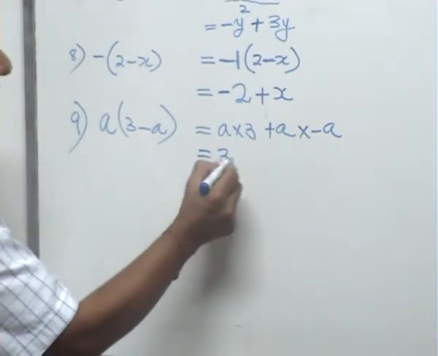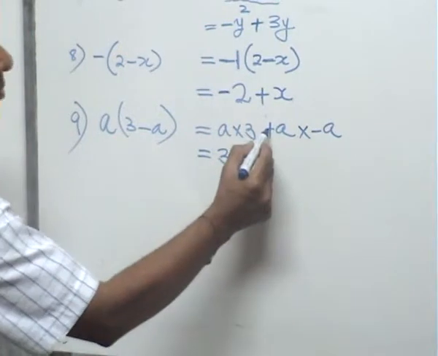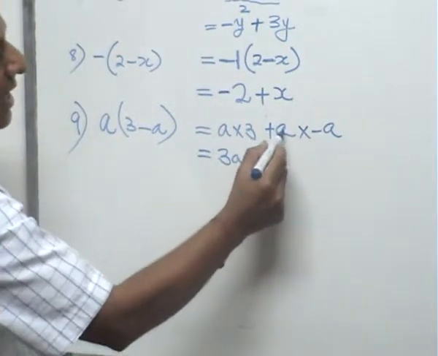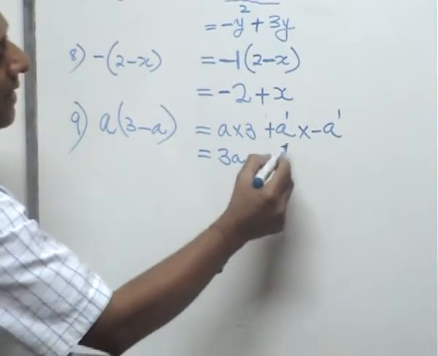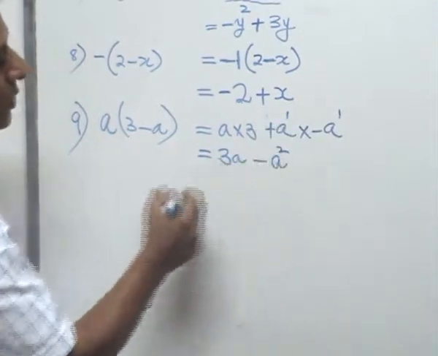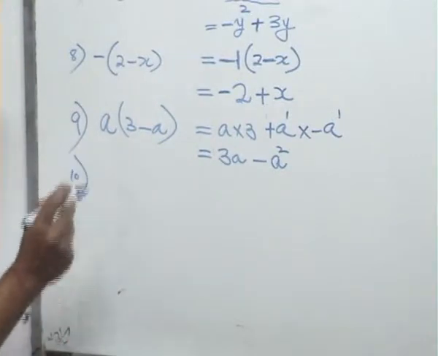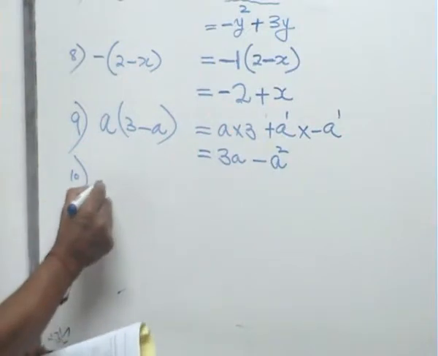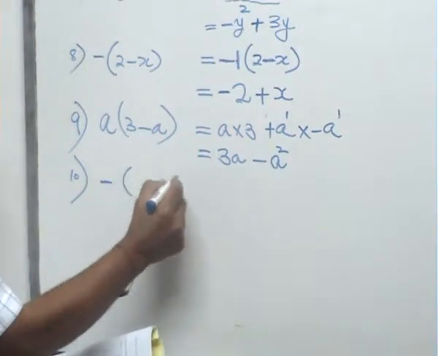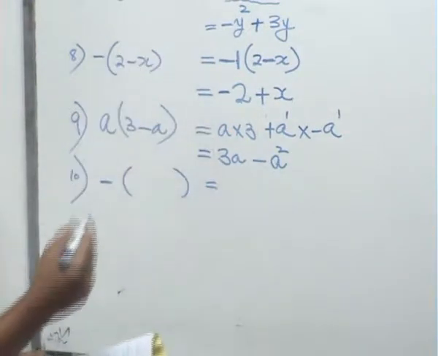So a times 3, 3a, plus times minus is minus, a times a. There's a 1 there, there's a 1 there, there's your a. 1 plus 1, 2. So you can see that you have to know your integer rules and you have to know your power rules if you want to remove brackets.